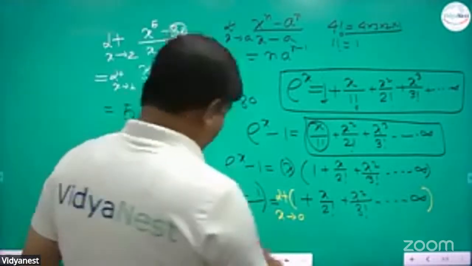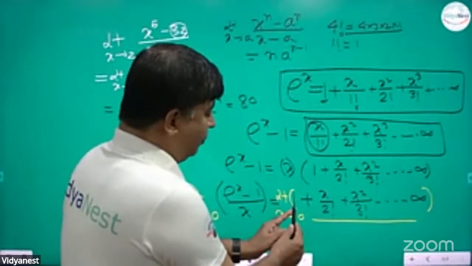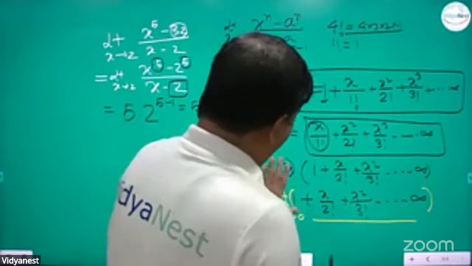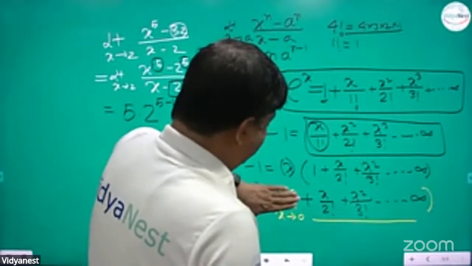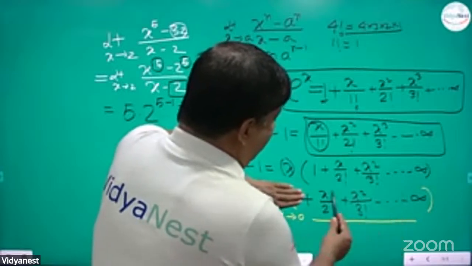So, in the right-hand side, barring the leading element 1, other elements are generated by x.